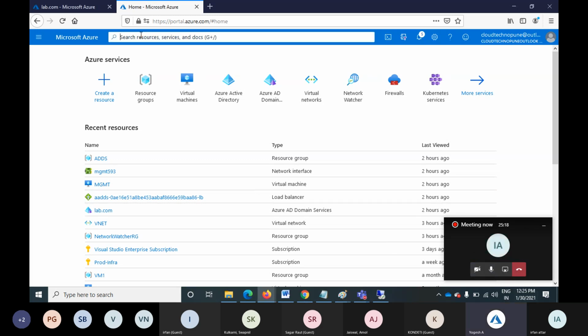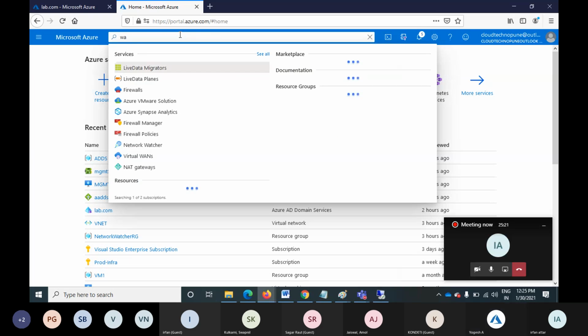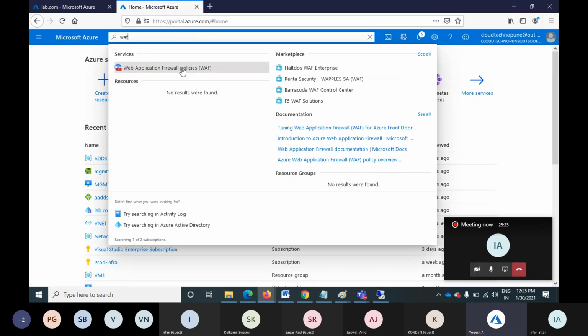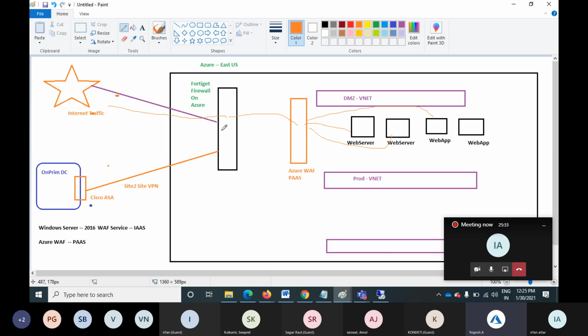So that service we need to purchase here. See, WAF, web application firewall. You need to purchase that service, and then you can configure that WAF in between your third-party firewall and your actual infrastructure.